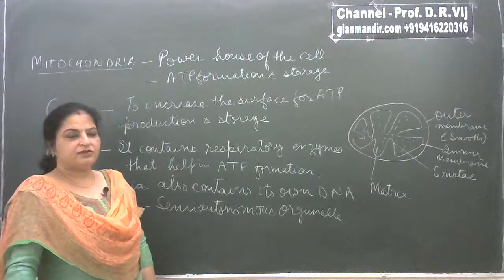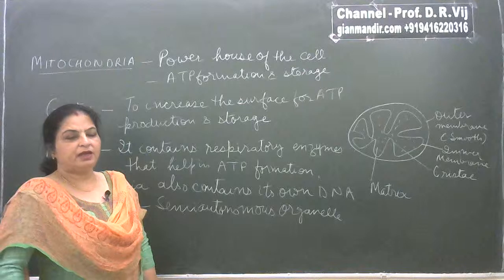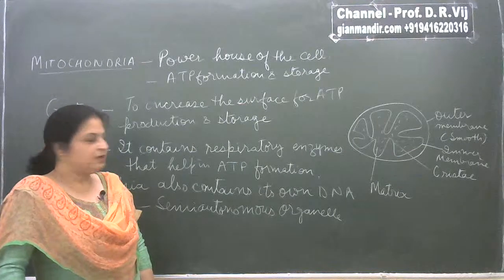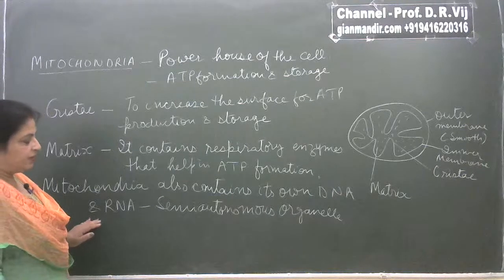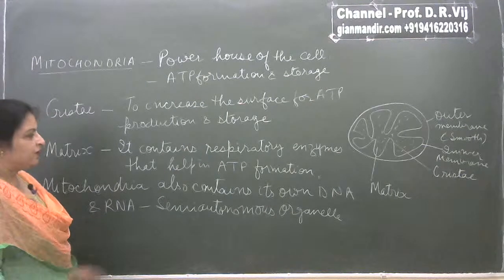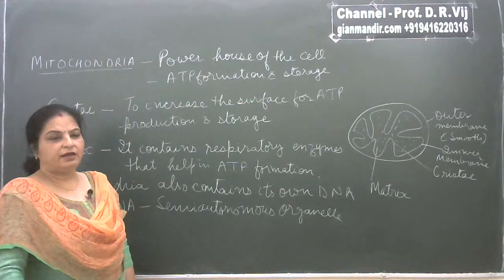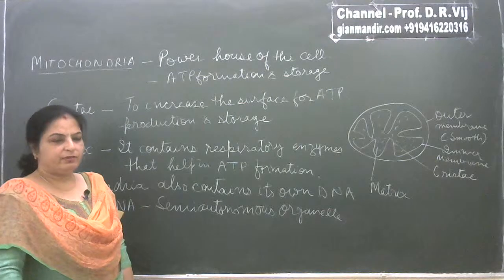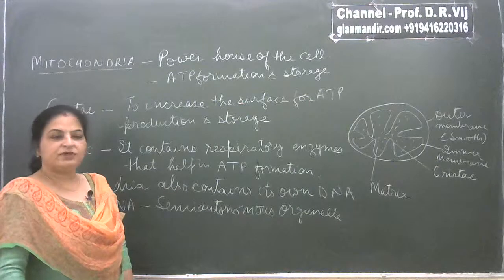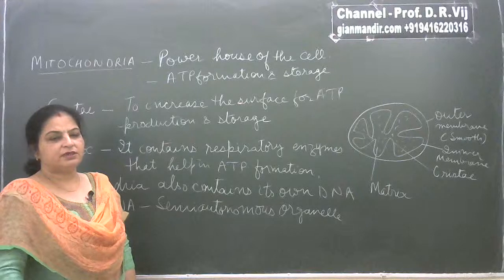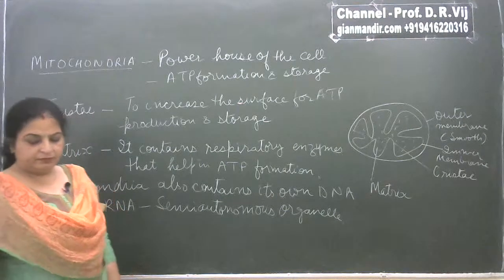This matrix contains respiratory enzymes, and these help in ATP formation, right? And the last important point is that mitochondria contains its own DNA and RNA, and that's why it is capable of replicating and producing proteins on its own, and that's why this is known as a semi-autonomous cell organelle or semi-autonomous body, right?